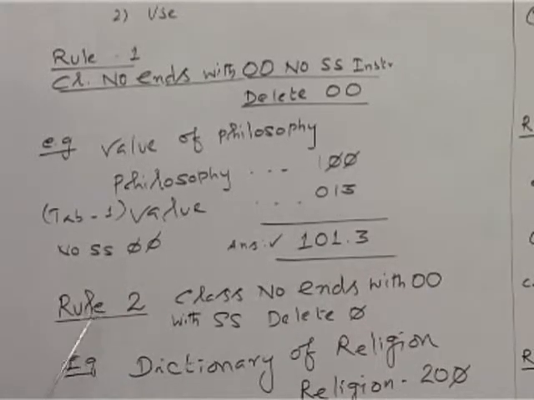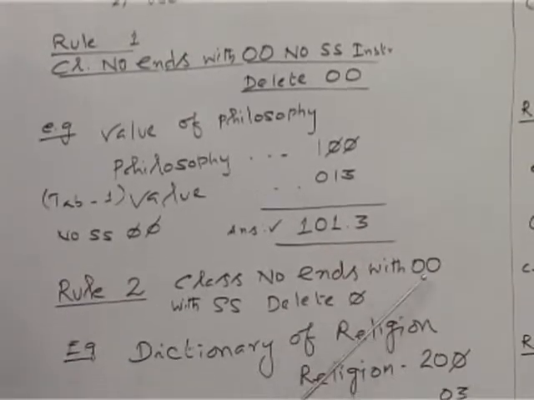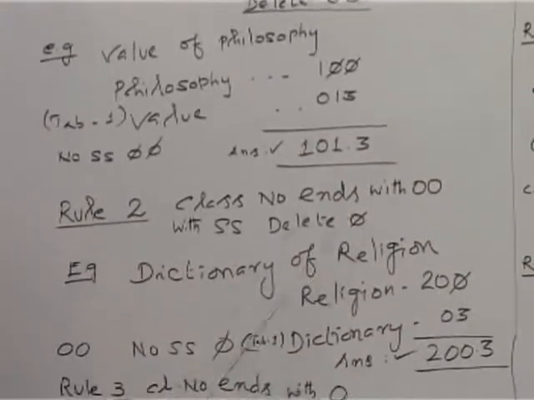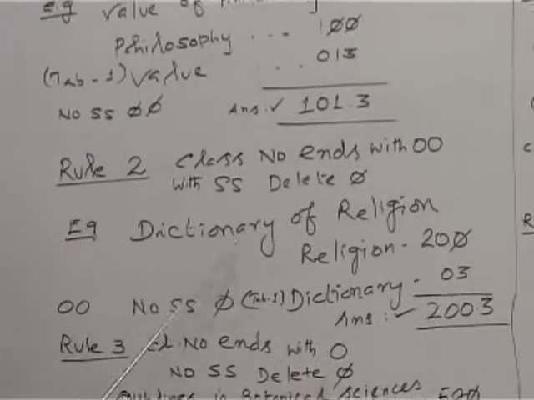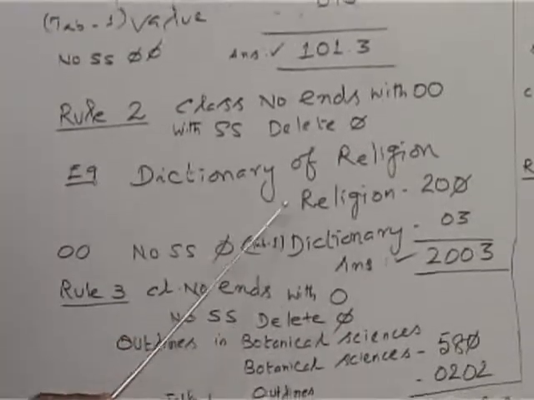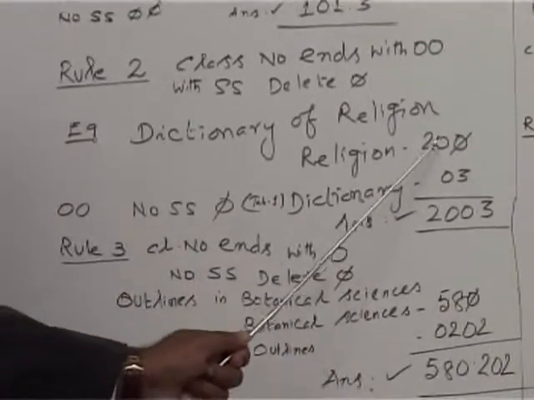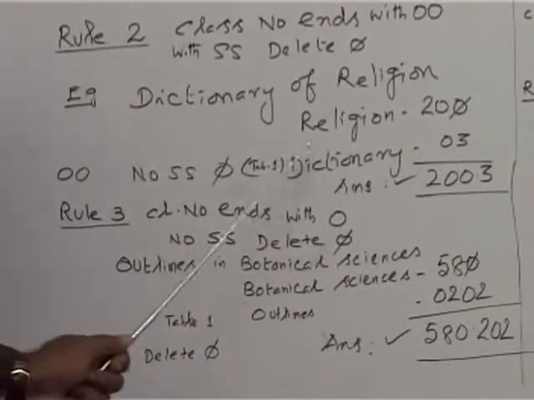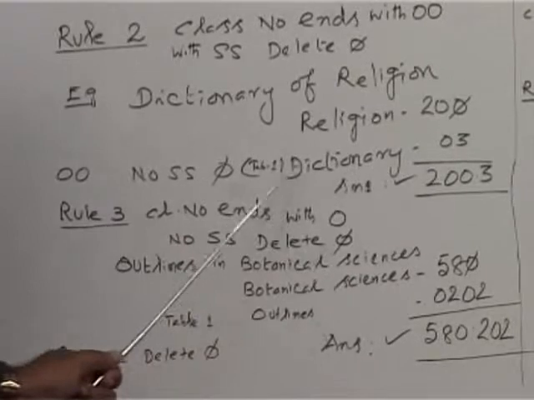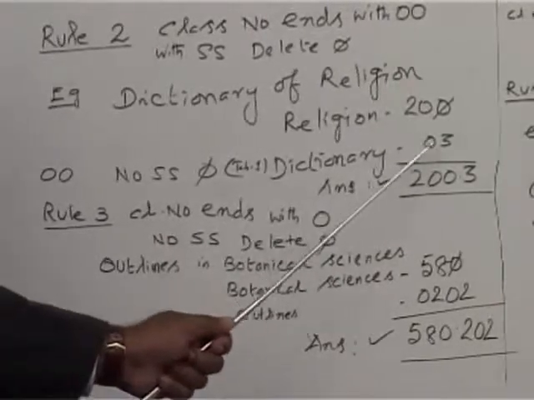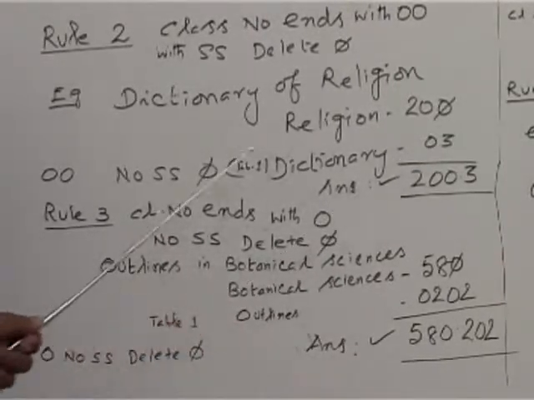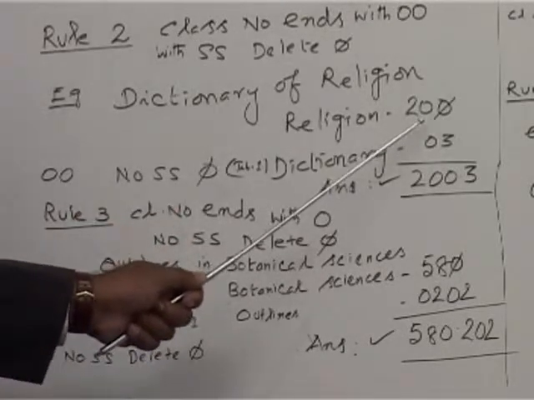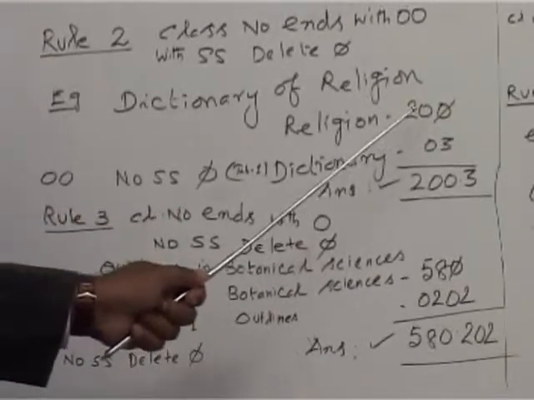Let us go for rule number 2. The class number ends with 20, with the SS instruction you have to delete 10. So see the example here, dictionary of religion. Religion number from the schedule you can get is 200, then the dictionary number is 03, which is taken from table 1. Now under 200 you can find the SS instruction, standard subdivision notation from table 1.